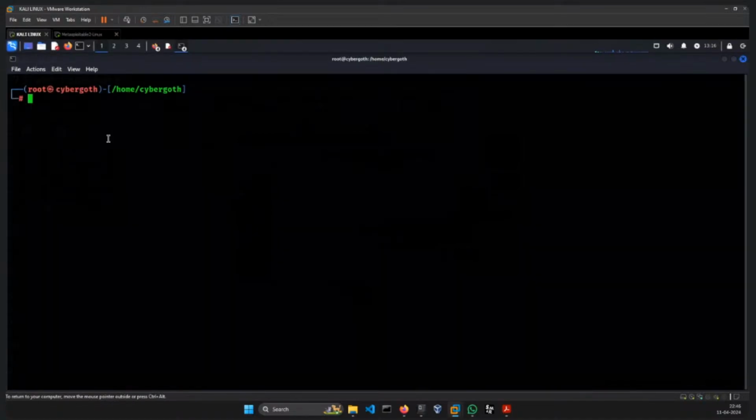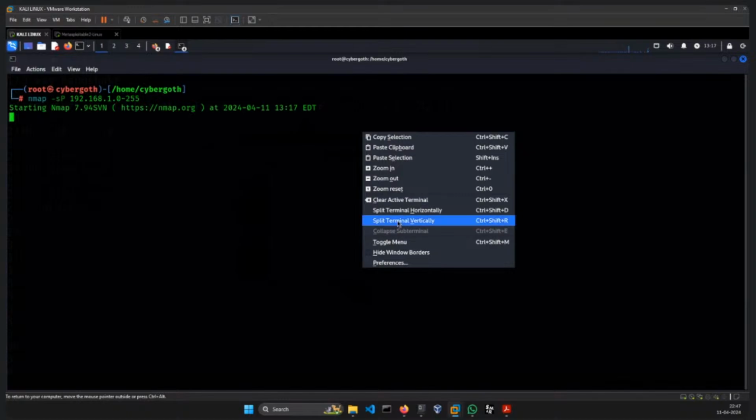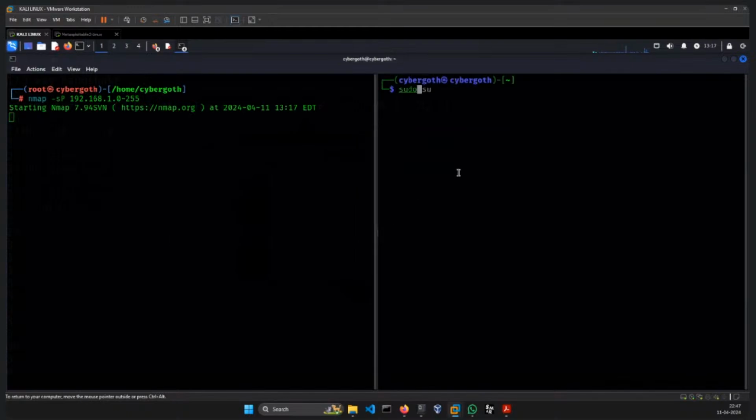Now what we will do is nmap -sP, then 192.168.1.0 to 255, and we will start. Yeah, you can do netdiscover also. Now let's see what results we are getting from this, and simultaneously we will start another scan.